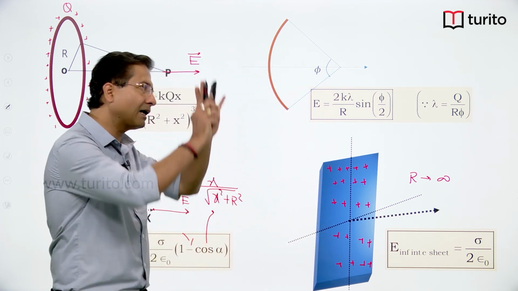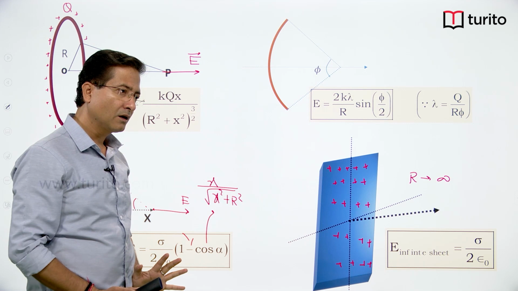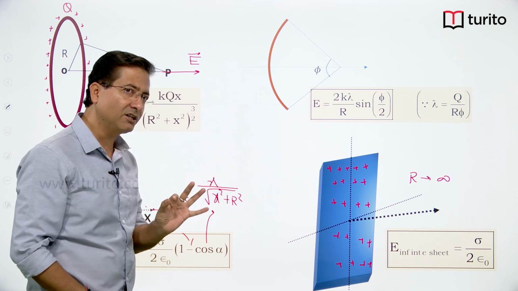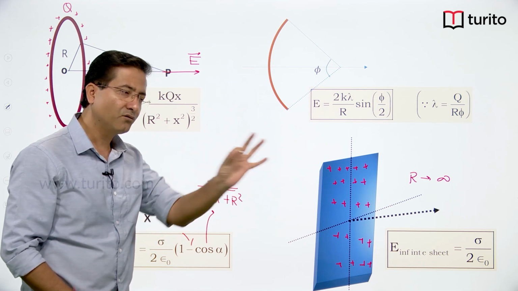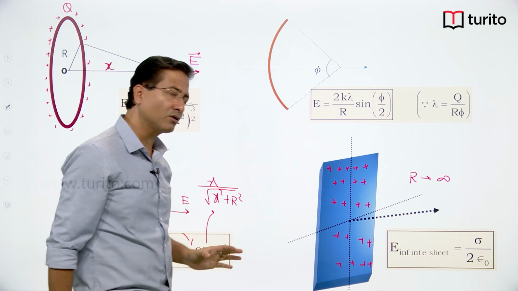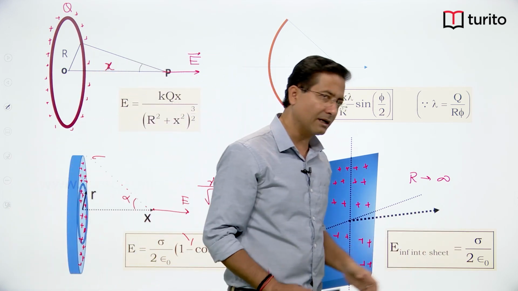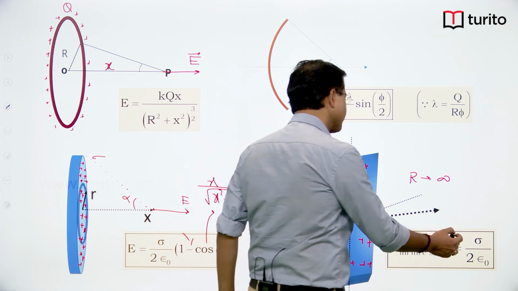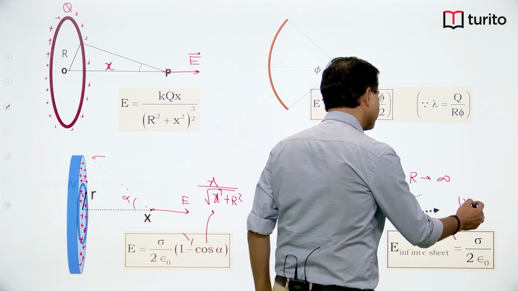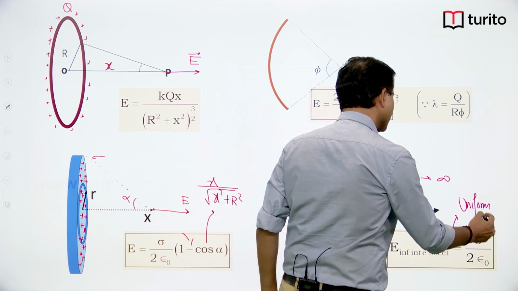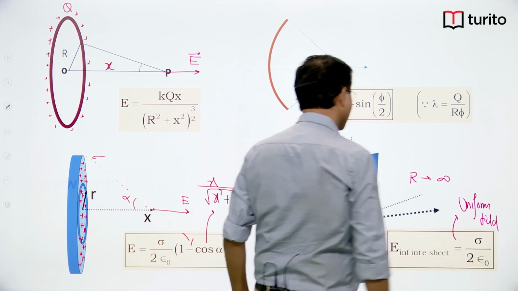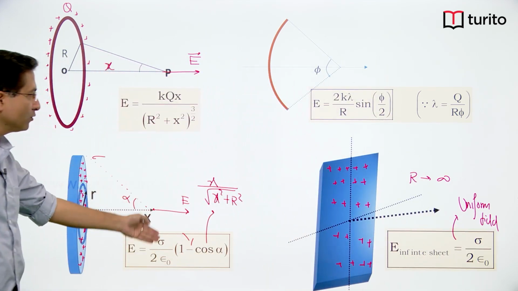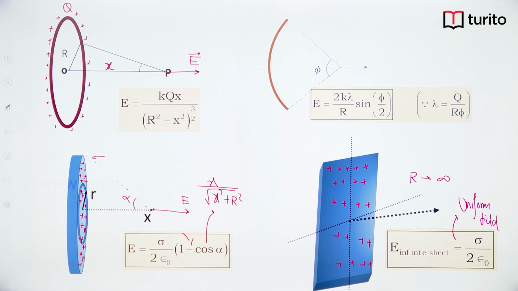If you visualize a very large sheet, in front of the large sheet everywhere the field will be the same, and its magnitude is given by sigma upon 2 epsilon naught. In the last class I said that this is called a uniform field, and these two are non-uniform fields.